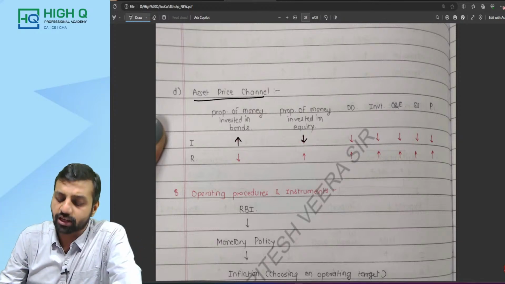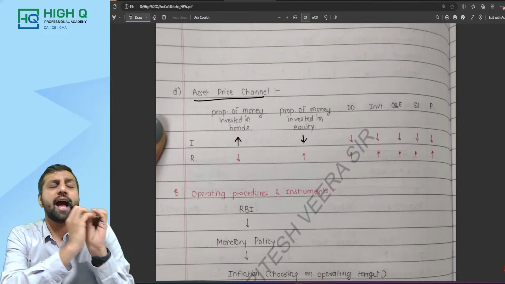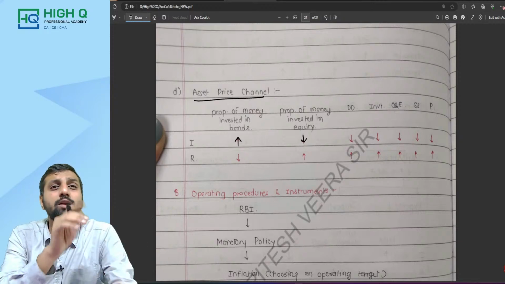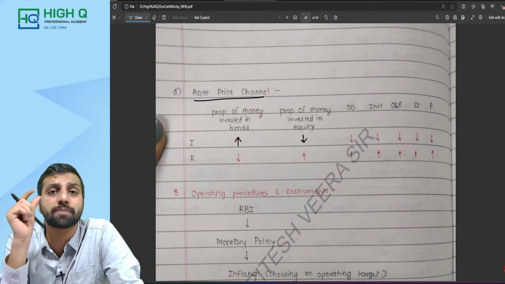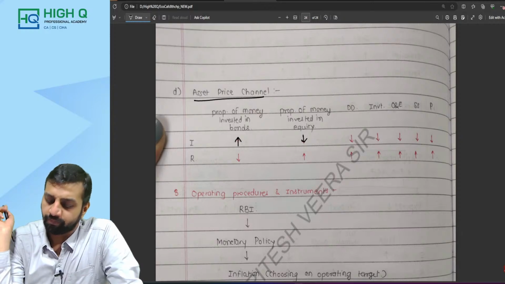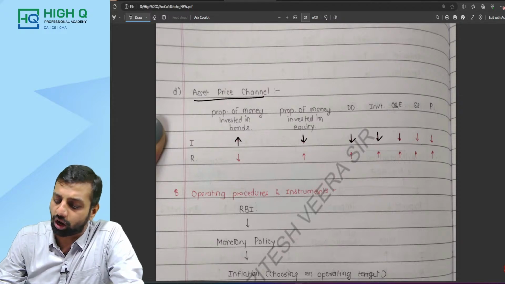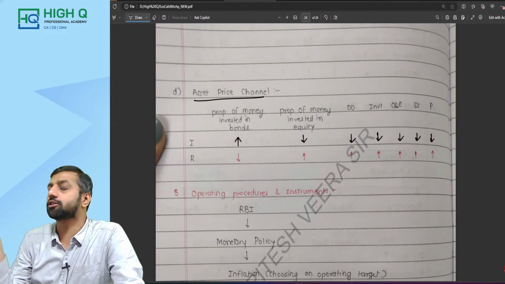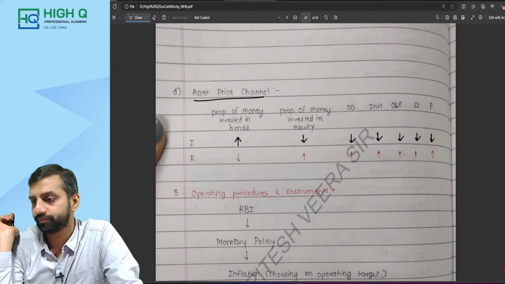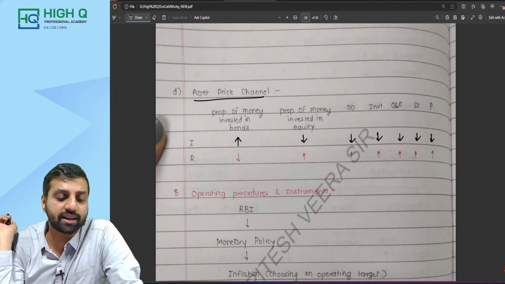So investment in equity will fall. You have withdrawn money from the equity market and put money in the bond market, which is time stipulated. Therefore, overall demand will fall, investment will fall, output and employment will fall, money supply will fall, and prices will also fall. Absolutely vice versa during the time of recession.